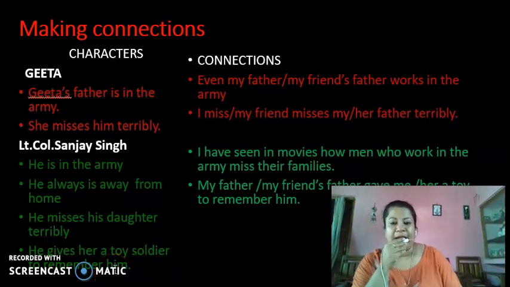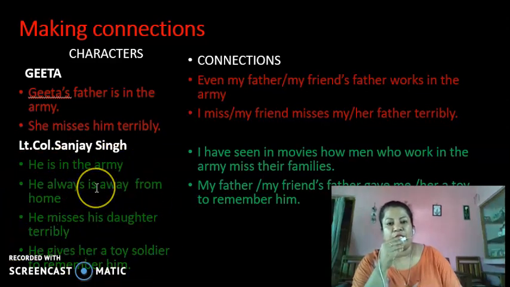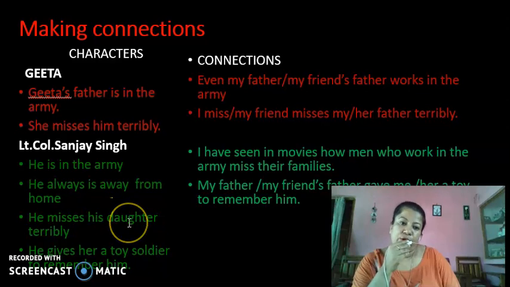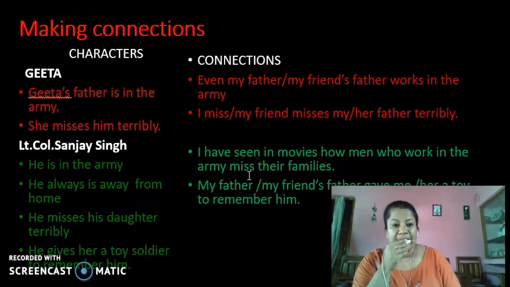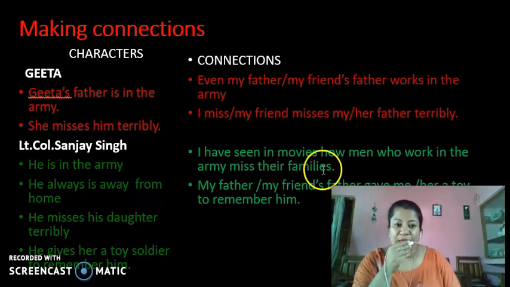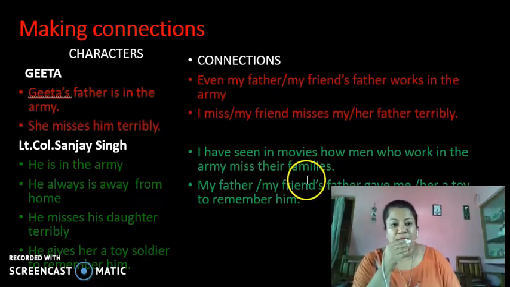Now how can I fit a connection over here? Maybe, if you do not know anybody, maybe you have seen it in the movies. I'm sure we all have seen a lot of movies about war and the army, right? So maybe in the movies you have seen how the soldiers miss their families. I'm sure you all have seen a lot of war movies, and we see that the soldiers miss their families.